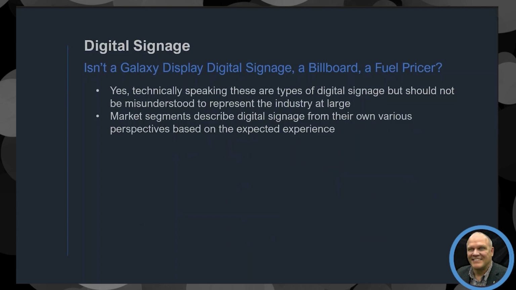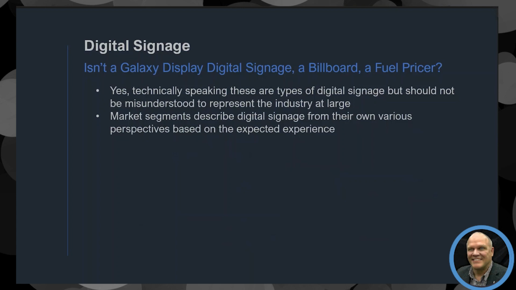Where the experience expected is more of a lower res messaging or broadcasting type experience, something like outdoor advertising or even marquees, billboards, fuel pricers, those are typically understood to be more LED type solutions.